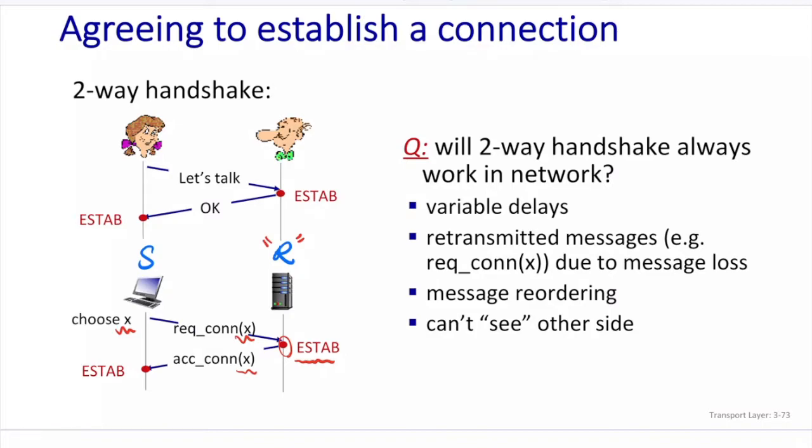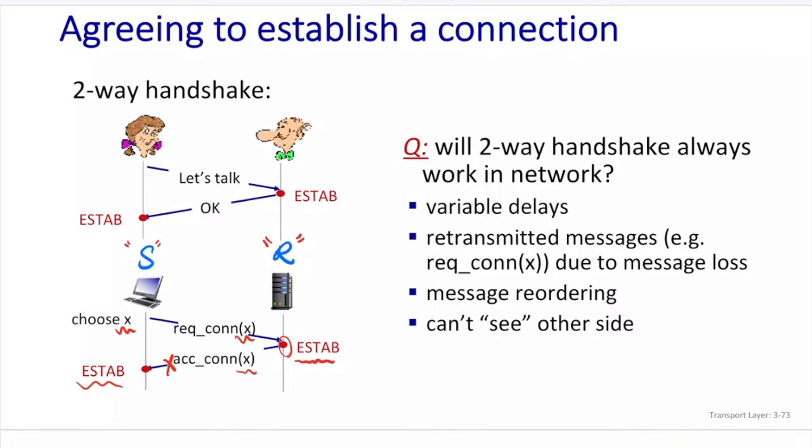But think about the sender right here. When you choose a parameter and send a request, okay? But what if the acknowledgement of the agreement gets lost? And you will never get such an agreement, right? So you will never go to the established state.